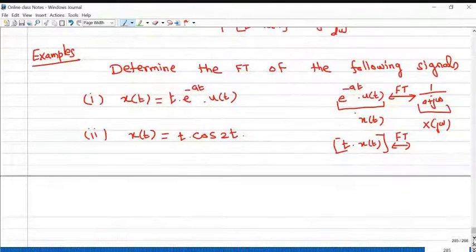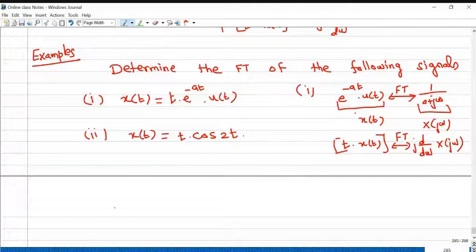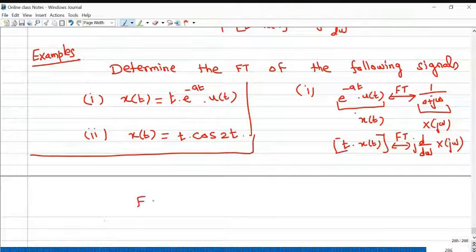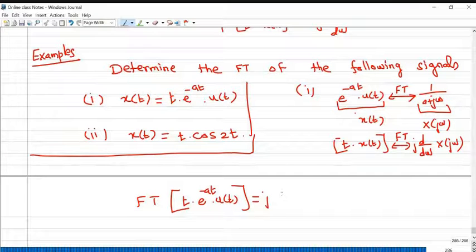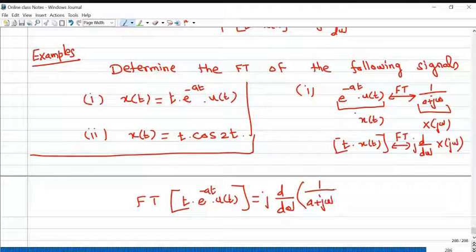So j d by d omega of X of j omega. So the Fourier transform of t dot x of t, particularly in this example t dot e power minus at u of t, the result will be equal to j times d by d omega of 1 divided by a plus j omega.